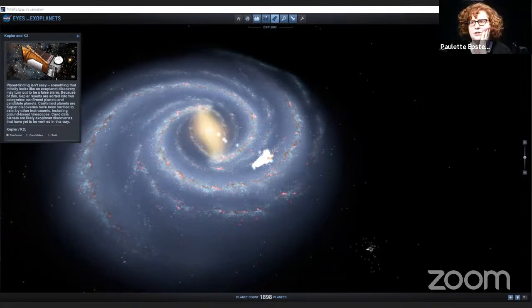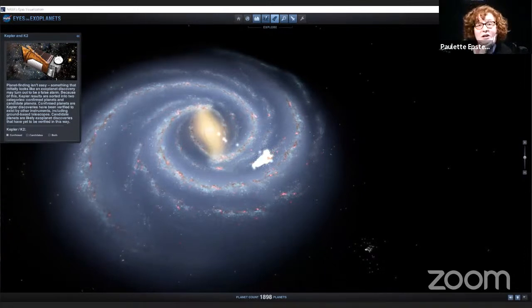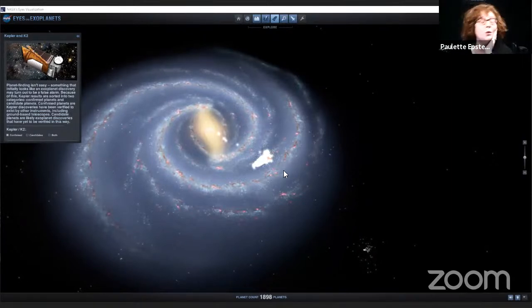There's about 300 billion stars or so inside of our Milky Way galaxy, and we're only looking at a very small portion of that.